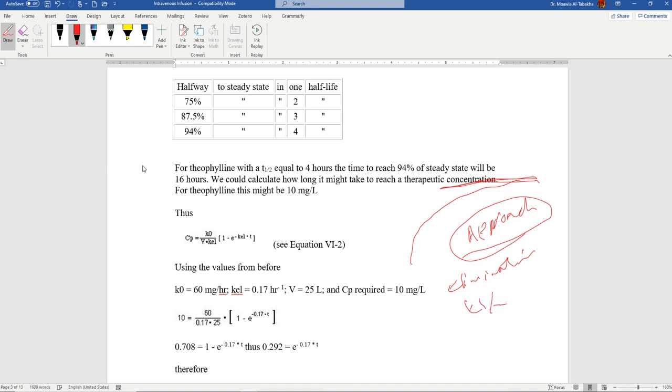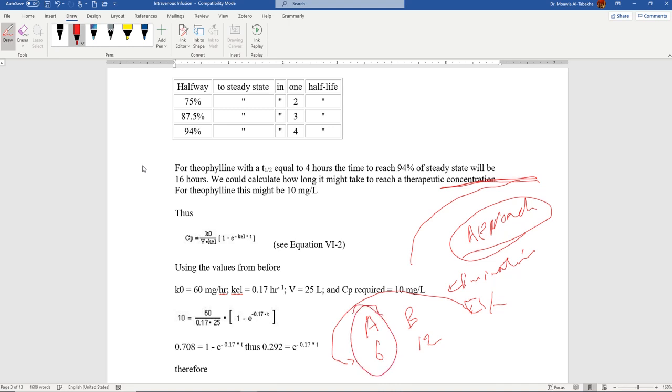If I have drug A and drug B, drug A has a half-life of 6 hours and drug B has a half-life of 12 hours. Which one will reach the steady state faster?